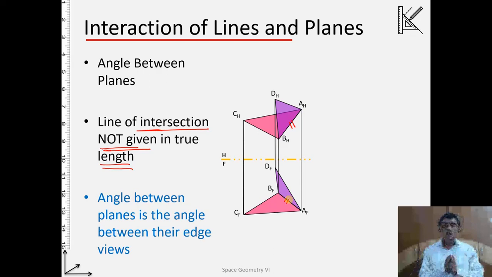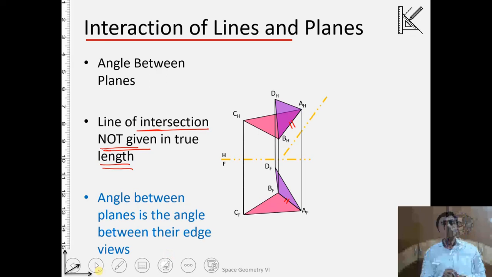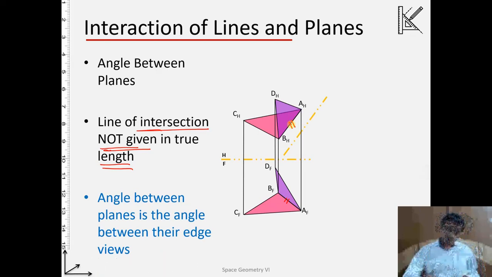But we know how for this line we can generate its point view. So let us generate the point view of this line. To generate the point view of this line, what we are doing is, parallel to the projection of the line AH, BH, I am taking an auxiliary plane.